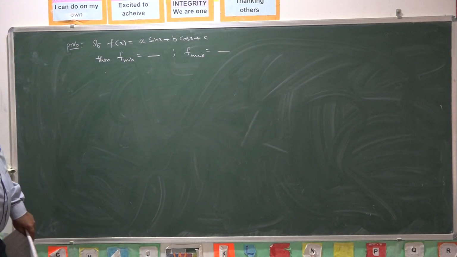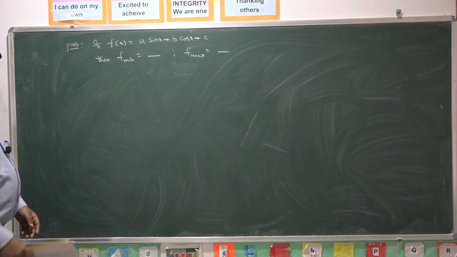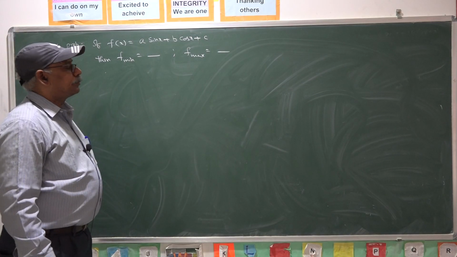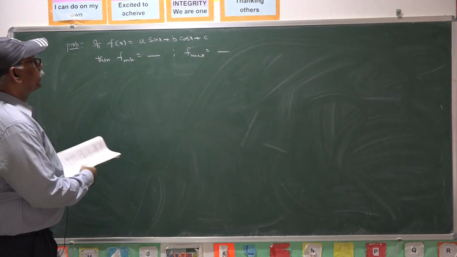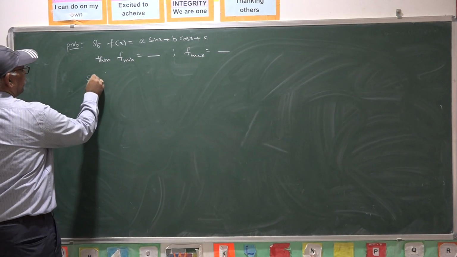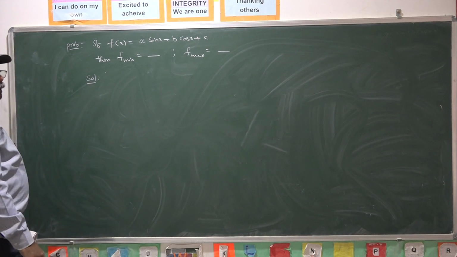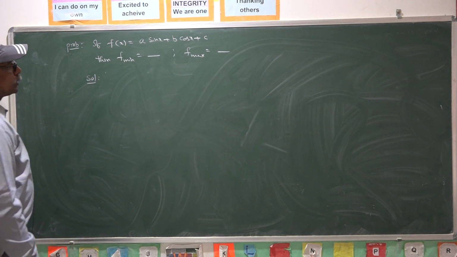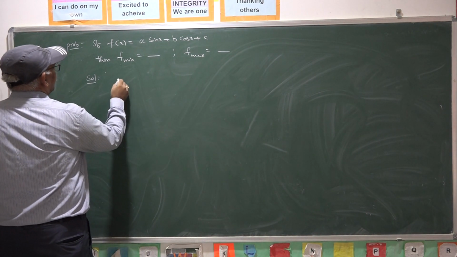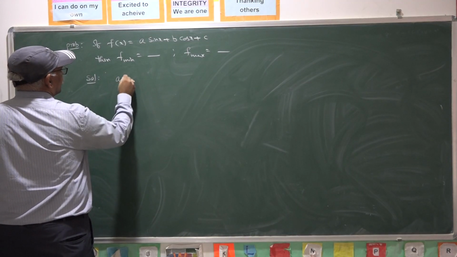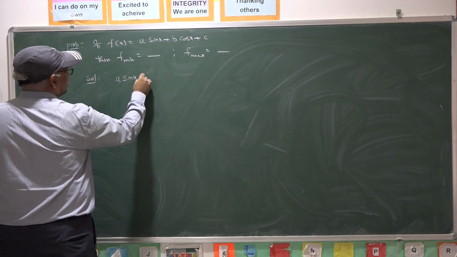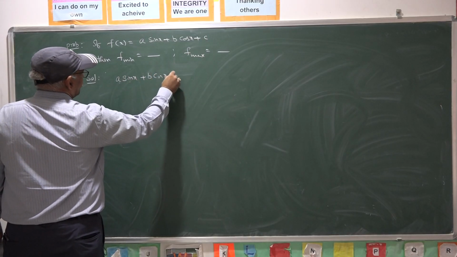Once the given function is in the form a sin x plus b cos x plus c, what is the minimum and what is the maximum? To get this, let us consider f(x) equal to a sin x plus b cos x plus c.